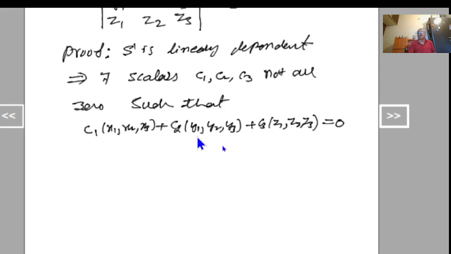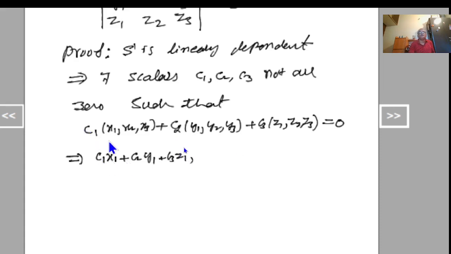C1 alpha 1 plus C2 alpha 2 plus C3 alpha 3 equal to 0 for at least one scalar not equal to 0. What does this imply? If I take the scalar multiplication and vector addition here, we write this as: first term C1 x1 plus C2 y1 plus C3 z1, comma.